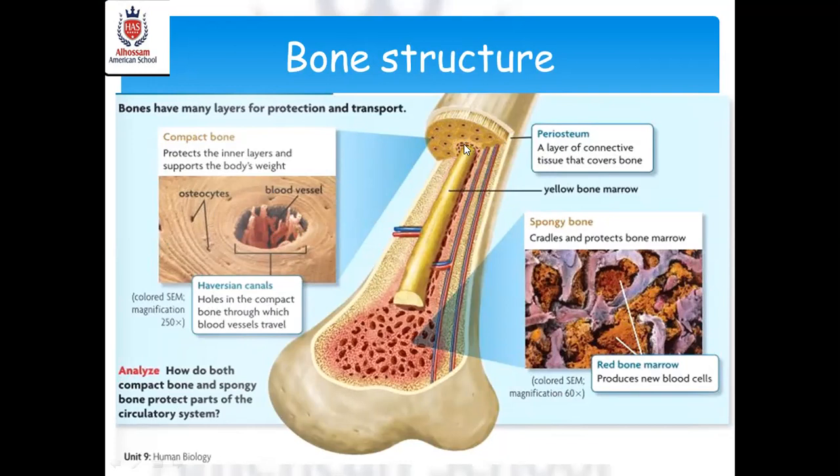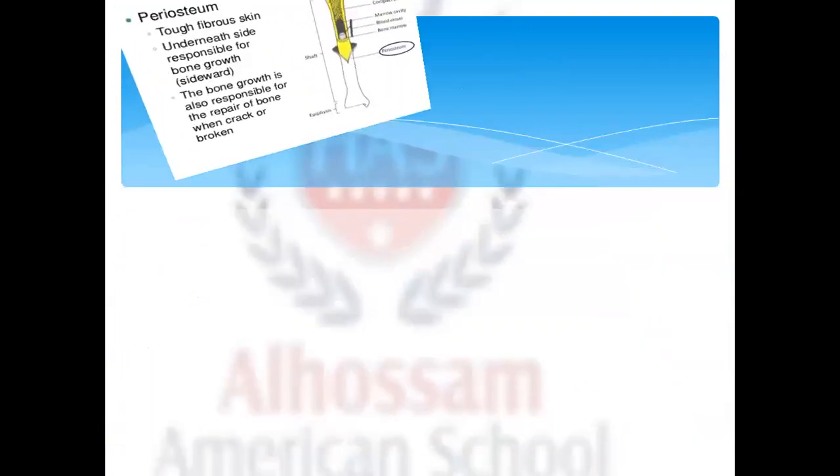After this layer, we have this soft layer that looks like a sponge, and that's why we call it spongy bone. It is mainly formed of large openings like this that contain bone marrow, red bone marrow, which produces the new blood cells. In the middle of the bone, we have a yellow bone marrow that acts as a place where we can store minerals and fat.